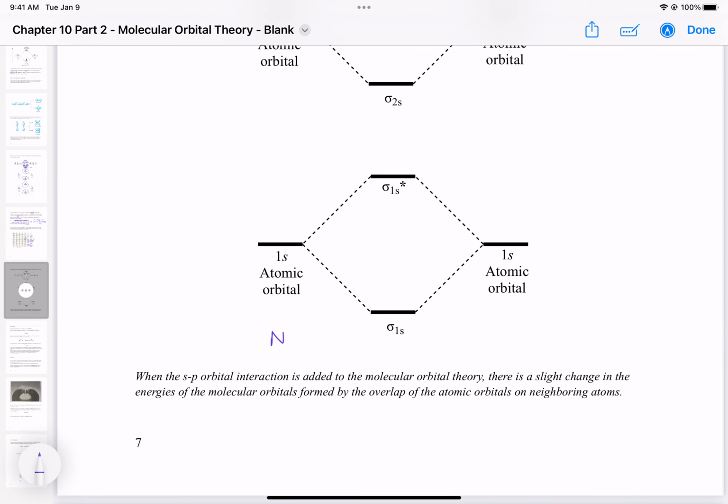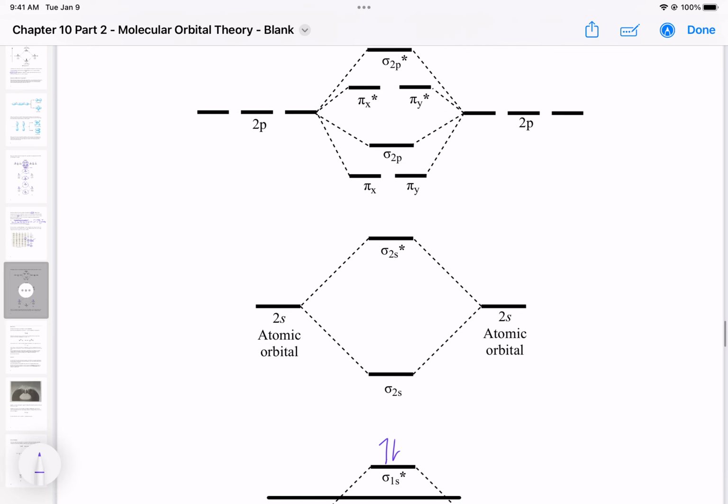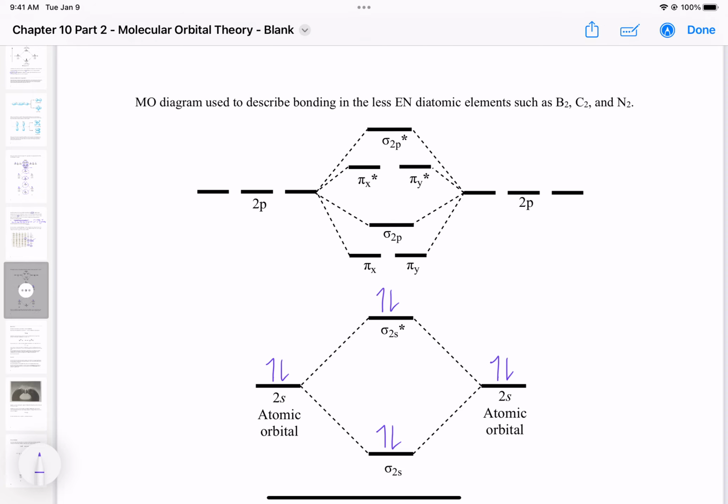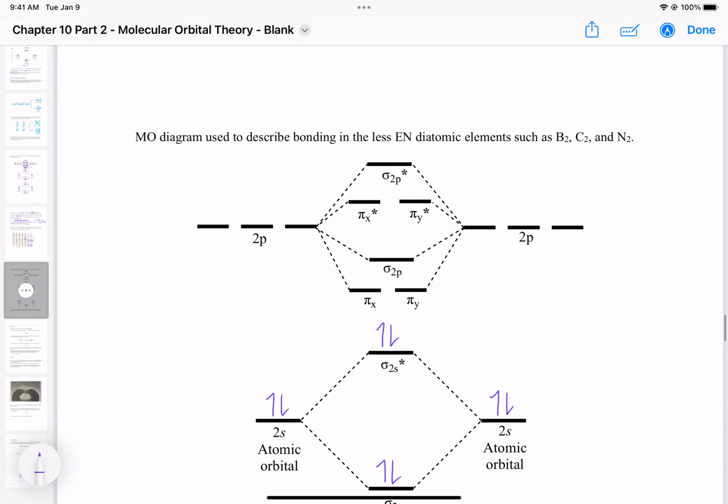So 2 nitrogen atoms. Nitrogen has 7 electrons each, so we should have 14 electrons total. We fill up the 1s orbital, and then nitrogen has 3 unpaired electrons here.